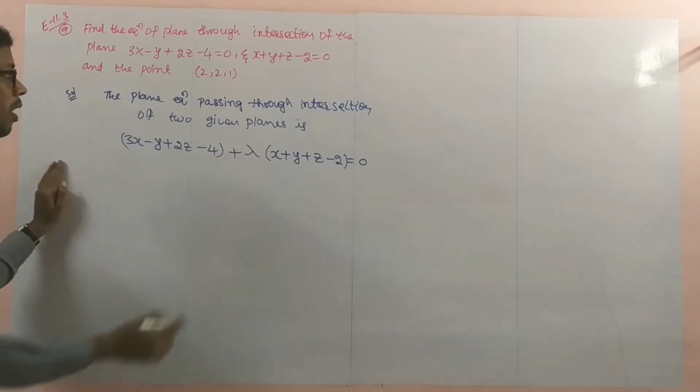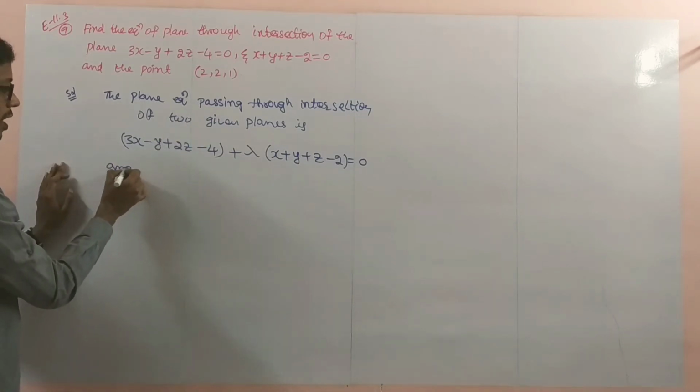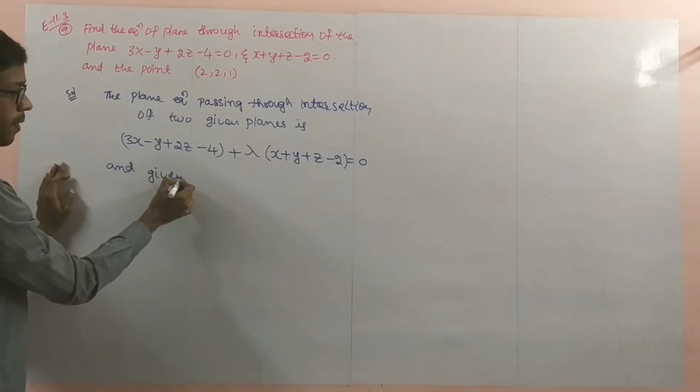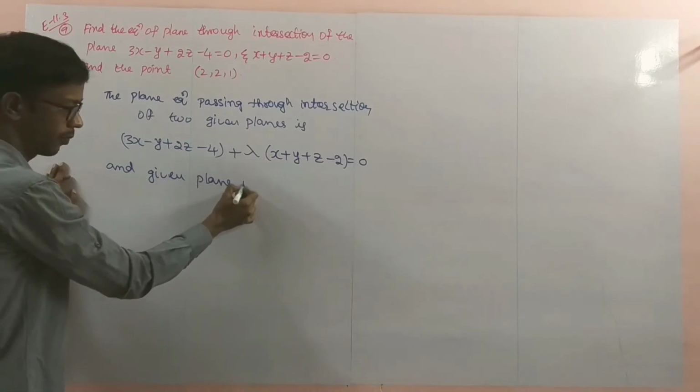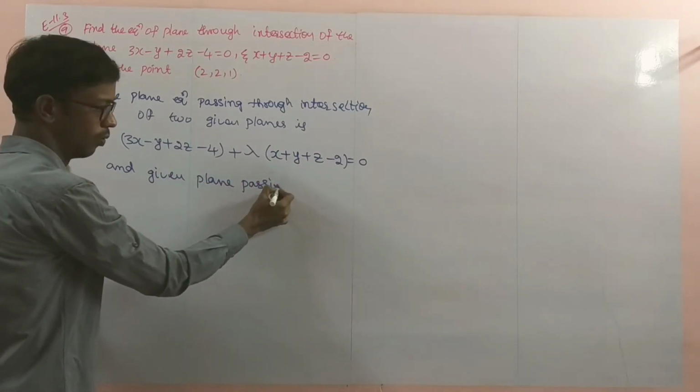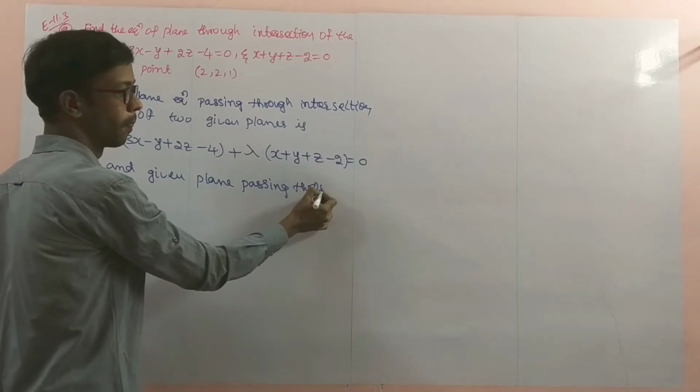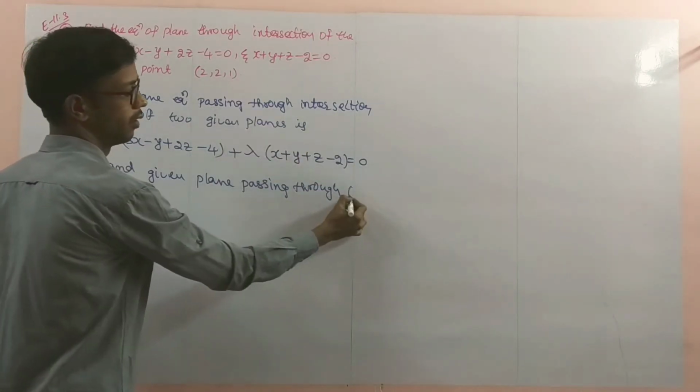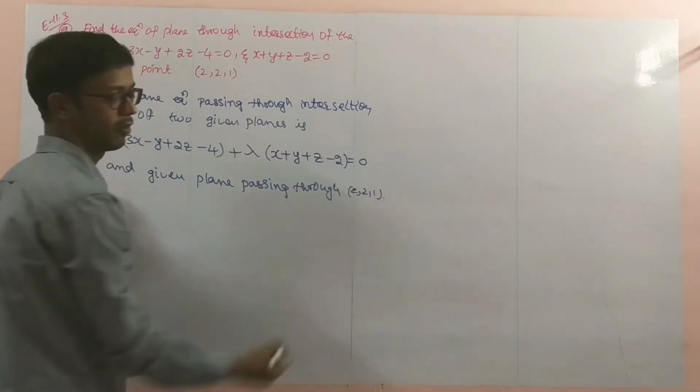So now, passing through the given point 2, 2, 1.